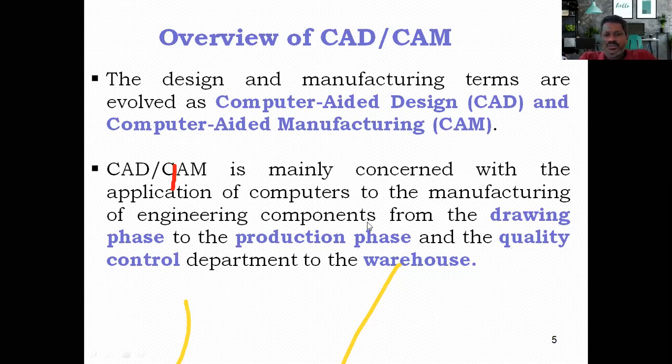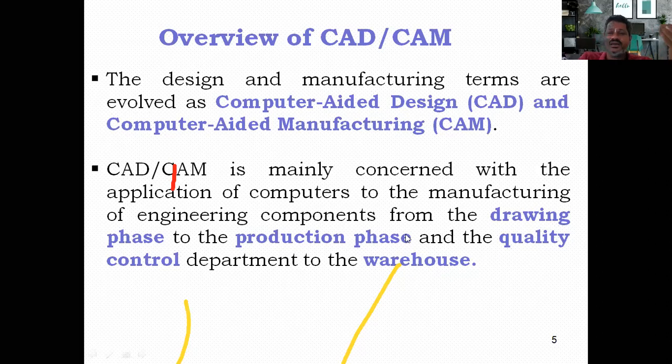Okay, so computers are assisted in the manufacturing side to manufacture the engineering components from the drawing phase to the production phase. So right from the scratch, your manufacturing starts from the drawing phase to the production. Then from the quality department to the warehouse, the quality control department will also use the computer, and as well as the warehouse is also going to use the computers.